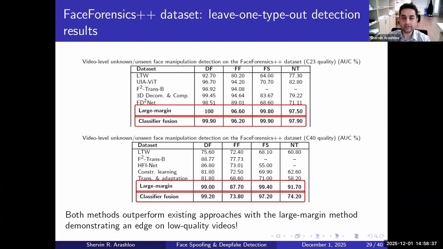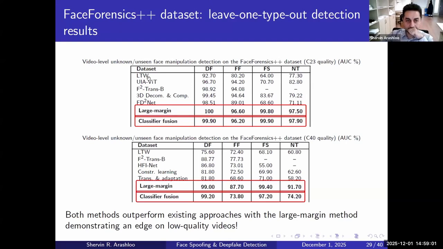One is relatively higher quality, called C23. The other one is much lower quality, called C40. We tested our method on both of these 2 different versions of quality, and reported the performance in terms of AUC. Again, the higher the number, the better the performance.